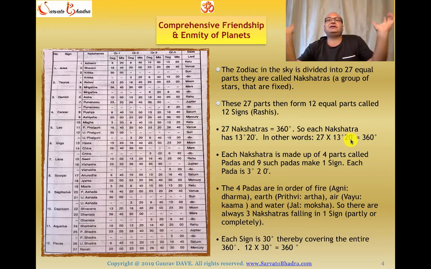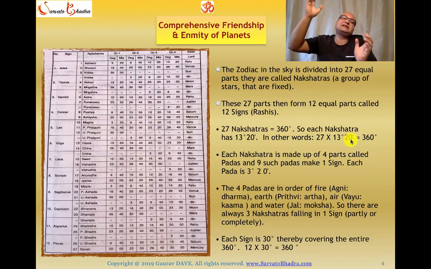So we know that the zodiac in the sky is around us and it has been sectioned in 27 equal parts. These 27 equal parts belong to nakshatras. Each nakshatra is a group of stars which is present and which is relatively stable to Earth.